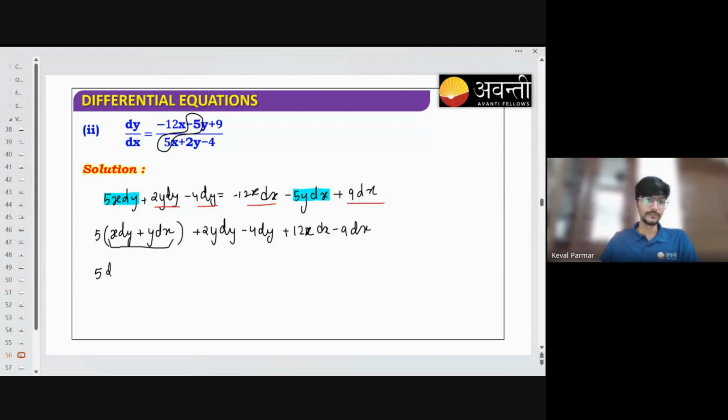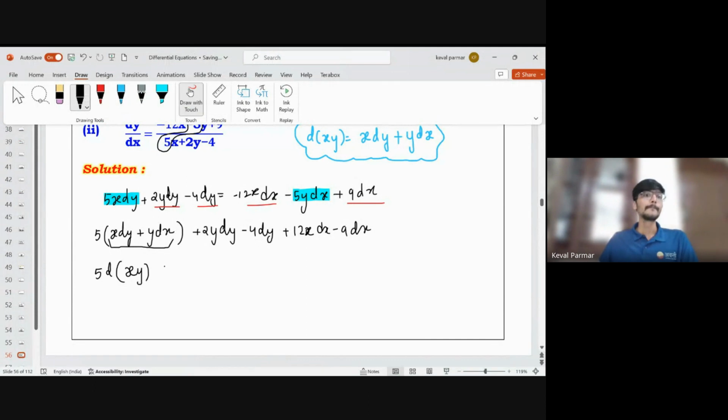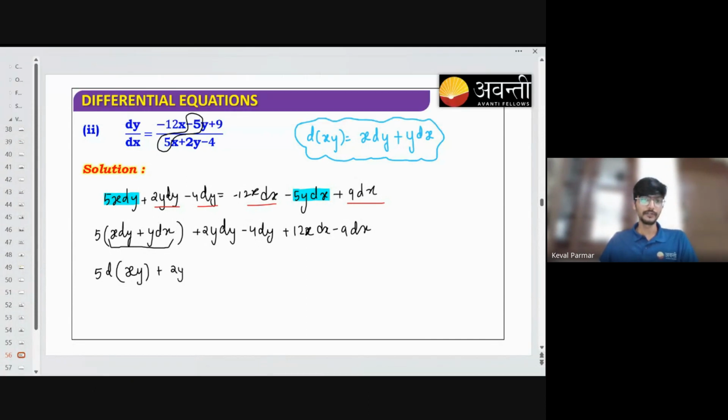This is the derivative of x into y. It is u derivative of v plus v derivative of u. Now this is what we call an exact differential. That means 5x dy plus 5y dx is the exact differential of xy, because if I differentiate xy, I'll get x dy plus y dx.